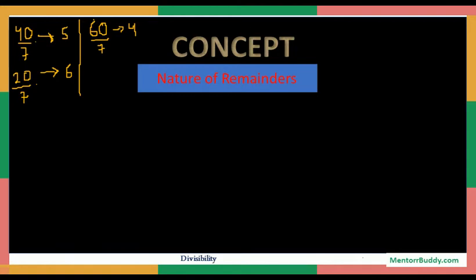Now I am going to add the remainders of the same two numbers. So 5 plus 6 will be equal to 11, and when it is divided by 7, the remainder is again going to be 4. So in this case we observed one simple thing: whenever the numbers are added and divided by the constant, the remainder is the same as the remainder we get by adding the individual remainders and dividing by 7.